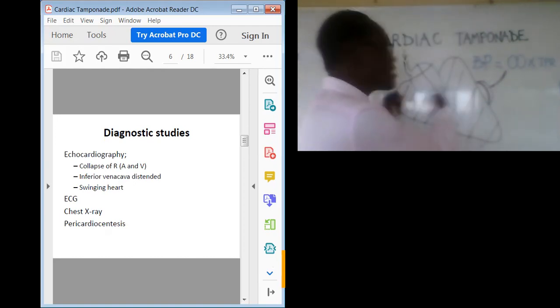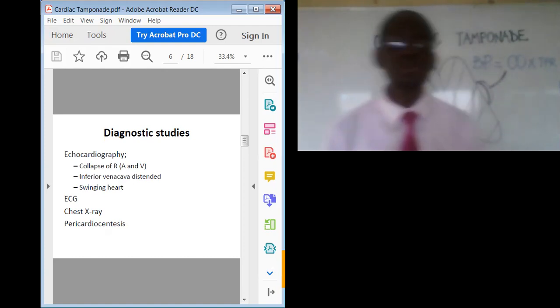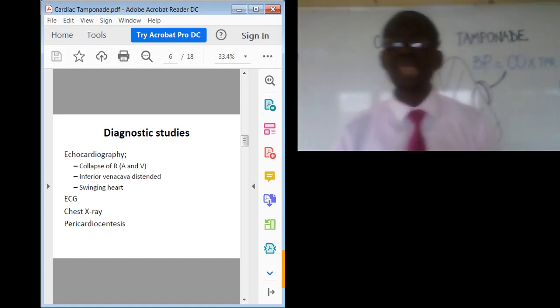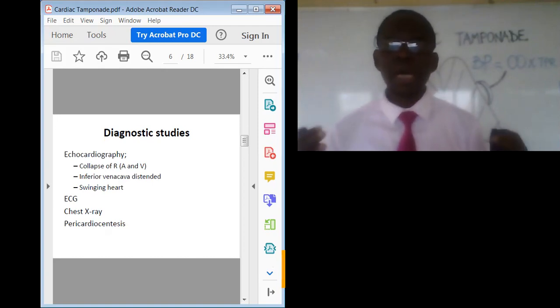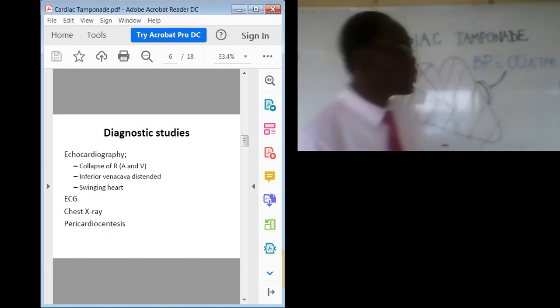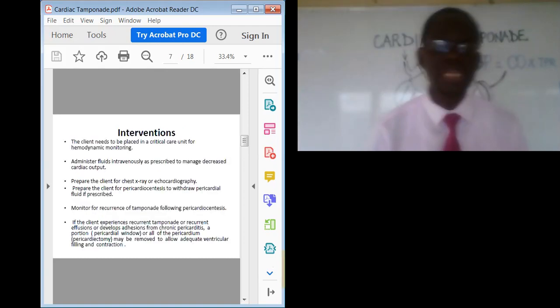In other words, the heart is in too much fluid, so it swings. We can also do ECG. We can also do X-ray, whereby we see an enlarged cardiac shadow. And then we can also do pericardiocentesis, whereby we inject in the chest wall to remove this fluid, yeah? Pericardiocentesis.